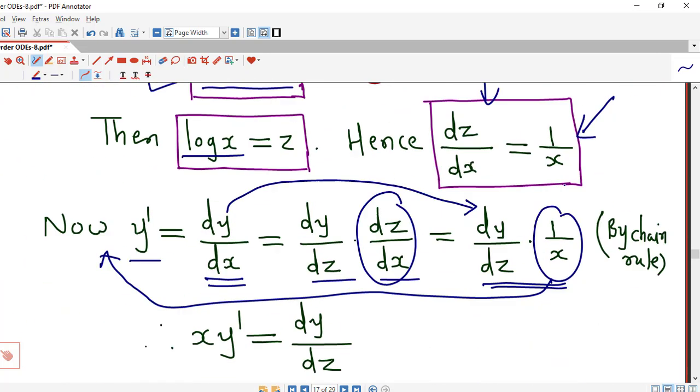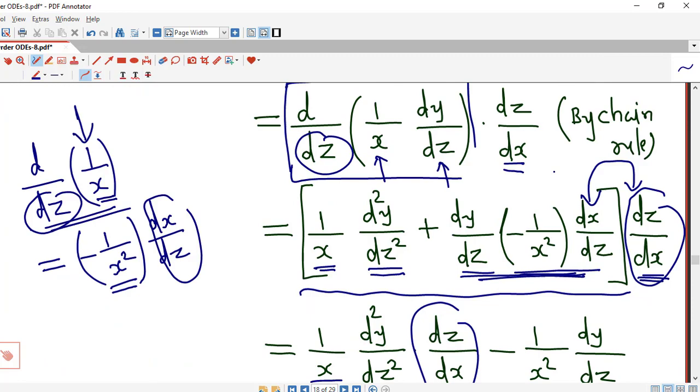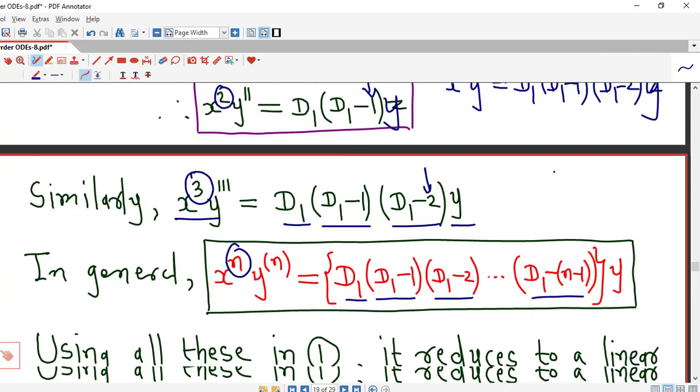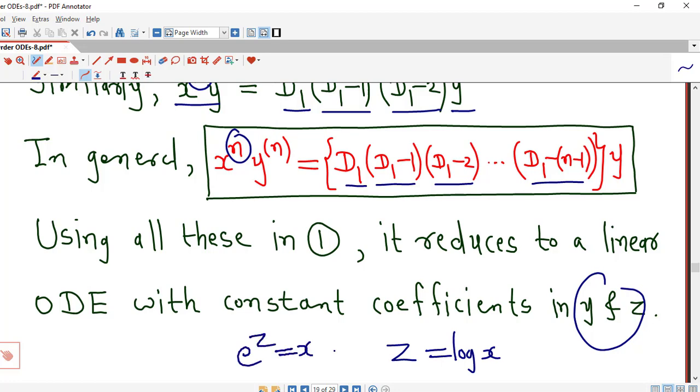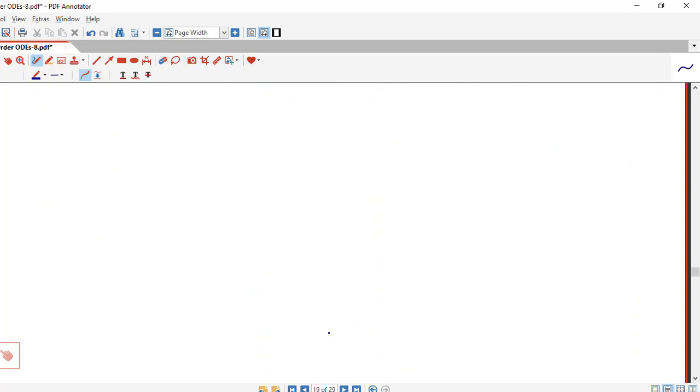So that we can solve by applying earlier methods, and after solving it in terms of y and z, finally we will put z equal to log x, or e raised to z equal to x. We understand this with the help of an example.